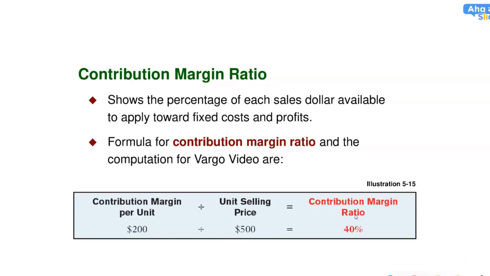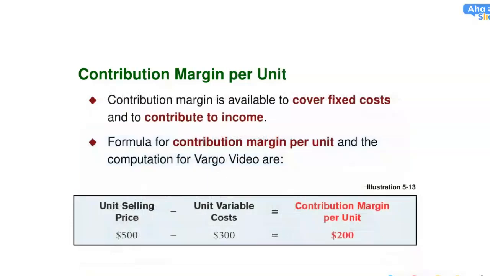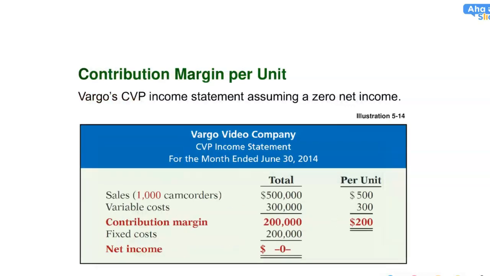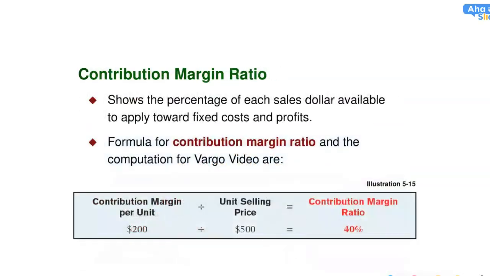That means if I went back to my formula, you would see 320 as a percentage of 800 in total is 40%. If I do it on a unit basis, it's 40%. So the contribution margin ratio remains the same on a unit or total basis.